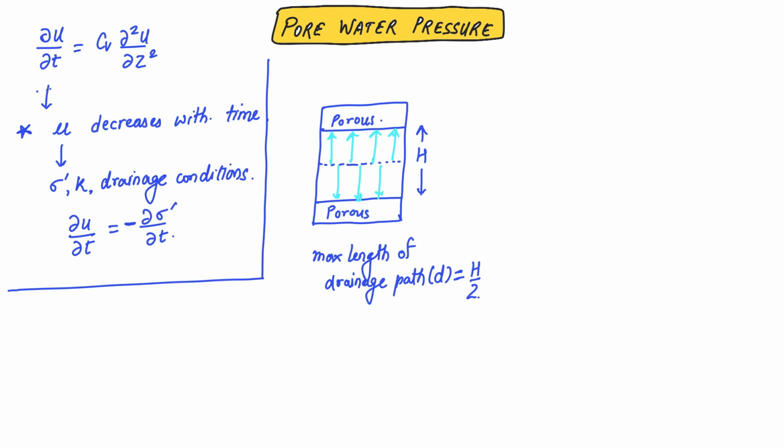So the maximum length of drainage path is H by 2 for this particular case, and such case is known as two-way drainage condition, because the water is allowed to flow out of this particular soil from both the faces of the soil.